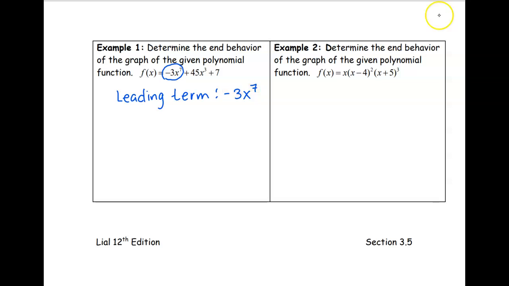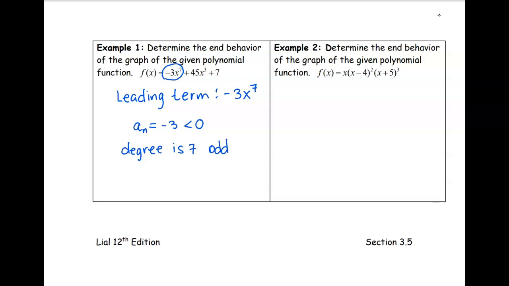So our a sub n is equal to negative 3, and in this case we know that is negative, and the degree is 7, and that is odd.